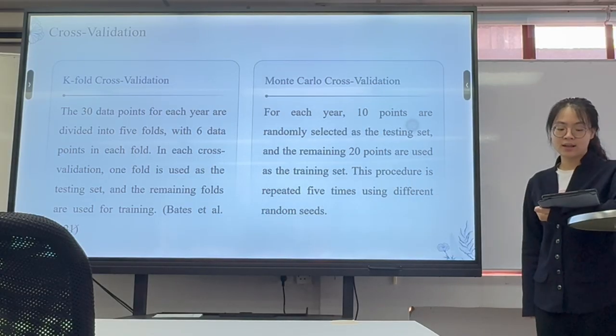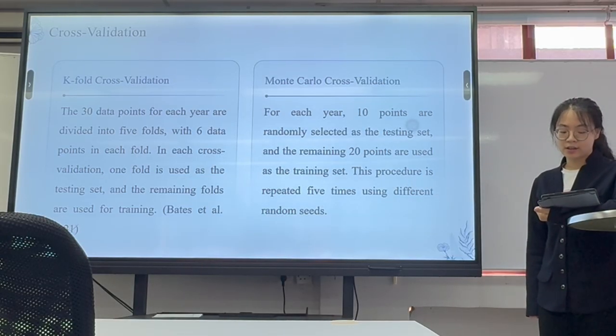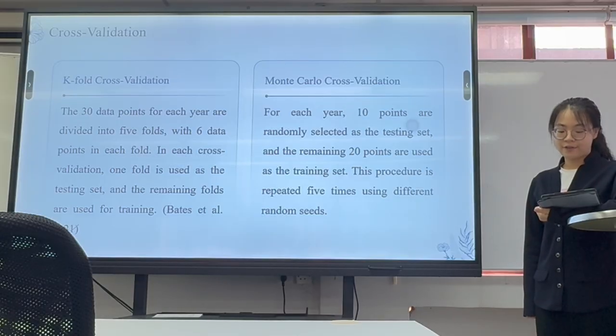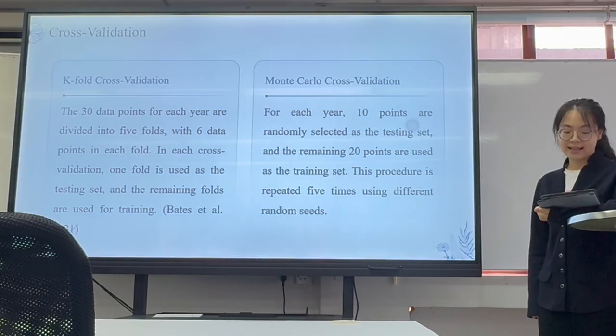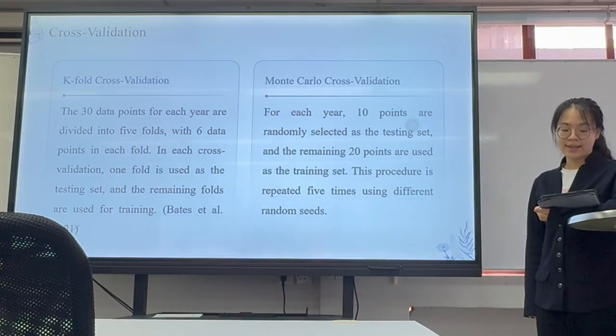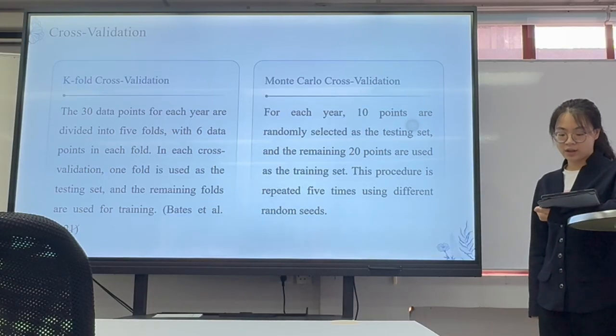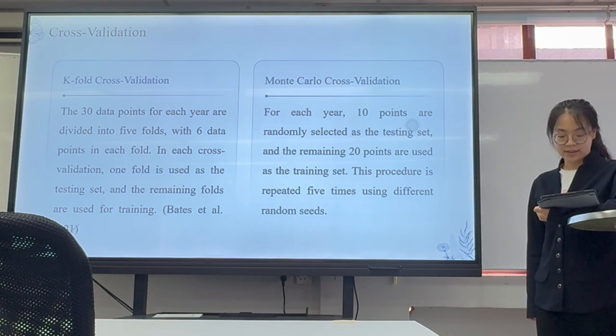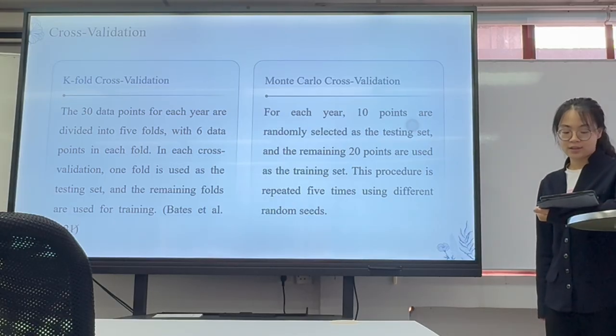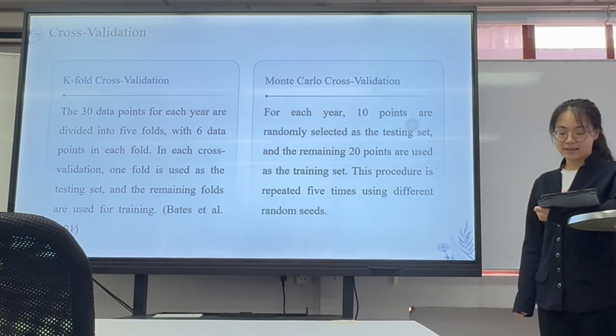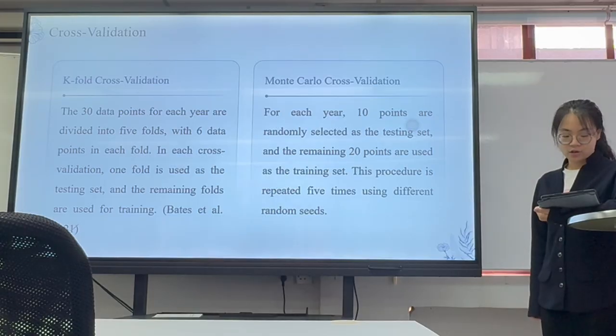To evaluate the robustness and generalization capability of IDW interpolation, this study applies two widely used cross-validation technologies. One is the K-fold cross-validation. The 30 data points for each year are divided into 5 folds, with 6 points in each fold. In each validation, one fold is used as the testing set, and the remaining folds are used for training.